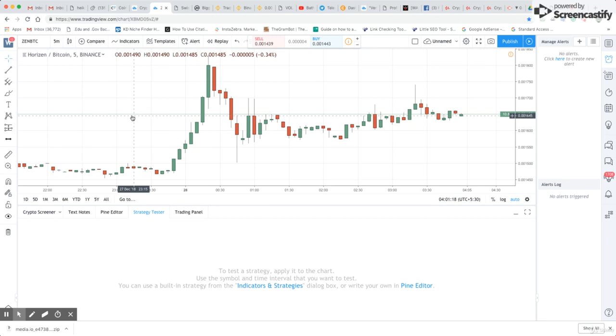Do the analysis, watch the market, watch the chart carefully, and decide if it is going up or going down using the indicators that I'm going to show you shortly. So first, you have to decide if you want to take the trade or not. This is what makes you successful in the future.